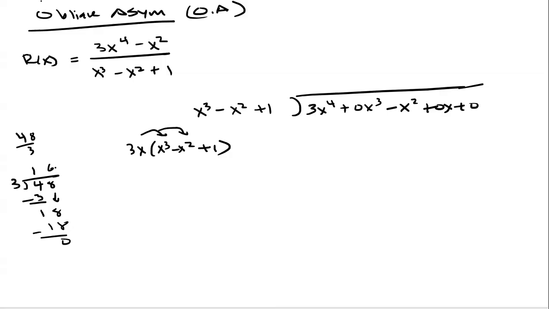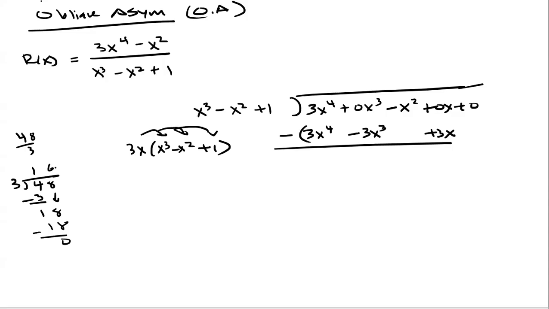So if I distribute this, this is going to give me 3x to the fourth minus 3x cubed and then plus 3x. Okay? And then I subtract them.